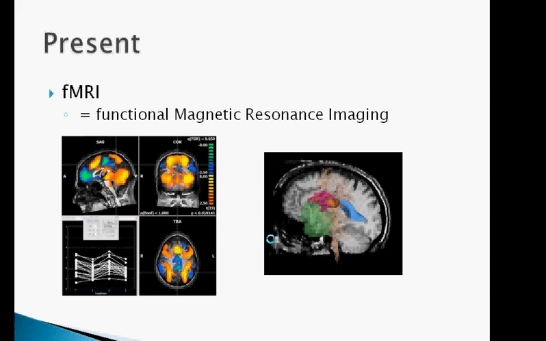And another, I guess, offspring of the MRI is functional magnetic resonance imaging. This one is interesting. This stands for, well, functional. So instead of capturing just a still gray image, it actually can capture activity.